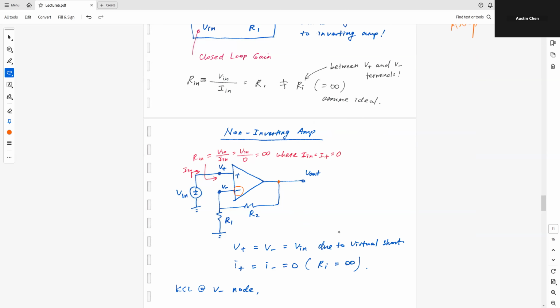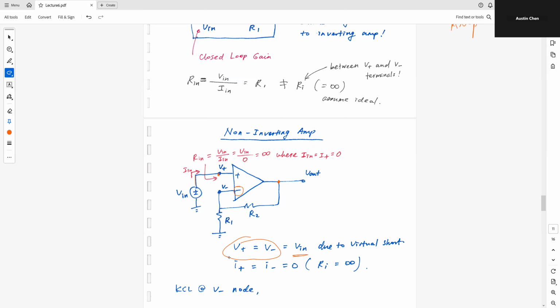Now we know that there is a virtual short, so we can already write down this statement: V plus and V minus are equal to each other. And what is V plus? Well, if I apply my signal at this node, then I know that V plus is nothing but V in.